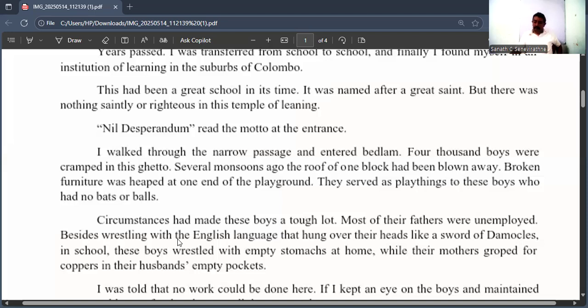She tells that she walked through the narrow passage and entered Bedlam, and 4,000 boys were crammed, C-R-A-M-M-E-D, crammed in that ghetto, G-H-E-T-T-O.